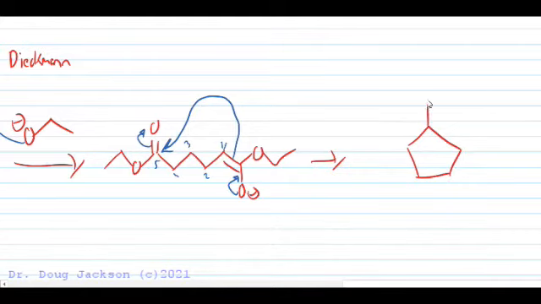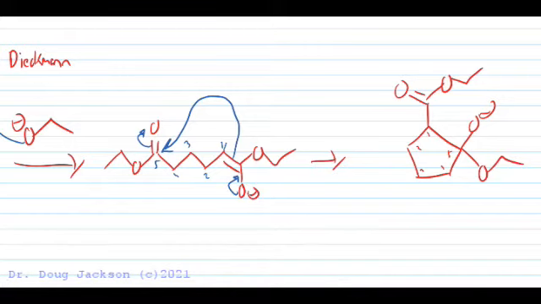At carbon 1, we've got a carbonyl now, and our original ester still connected. At carbon 1, 2, 3, 4, and 5, we've got our new tetrahedral intermediate. To finish out the Claisen, we know we're going to make a beta keto ester. So the tetrahedral intermediate collapses.